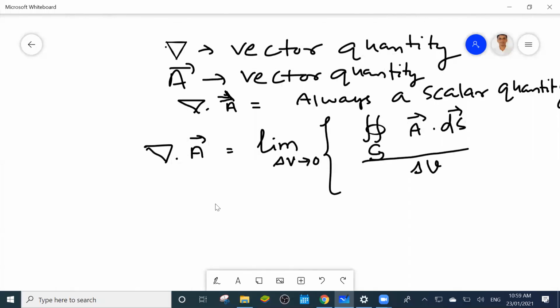So how will we define the physical meaning?